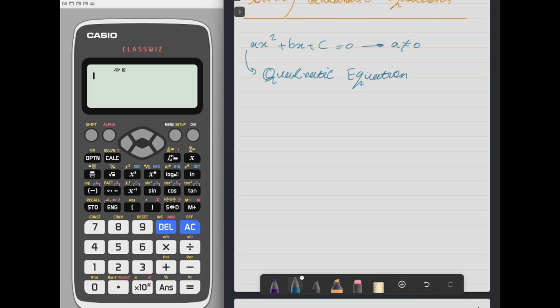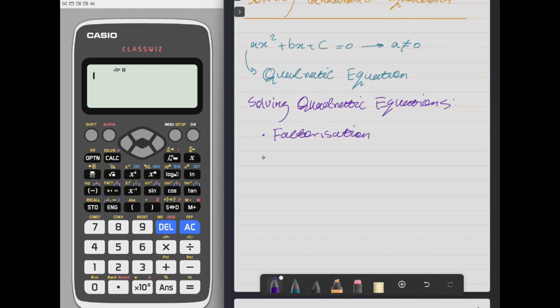So, three ways of solving quadratic equations. The first way is by factorization, guys. We talked about factorization in previous sessions, but I'm going to revise it very quick in this session as well.